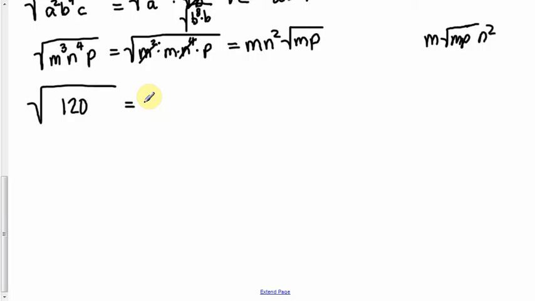So you need a refresher on your perfect square numbers. So 4, 9, 16, 25, 36, 49. There's some more. Which of those, if any, is a factor of 120?